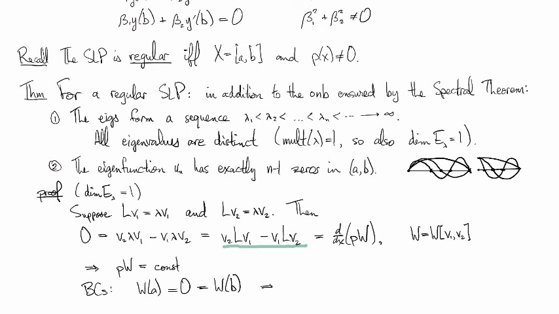So that tells us that C is equal to 0. And now what we have is that PW is equal to 0, but P is required to be non-zero. So now we know that W is equal to 0.